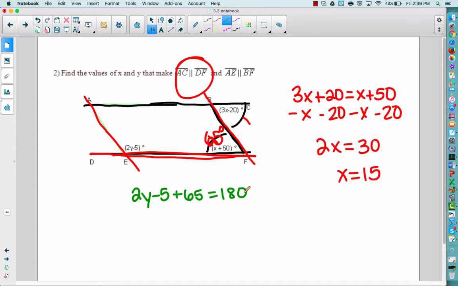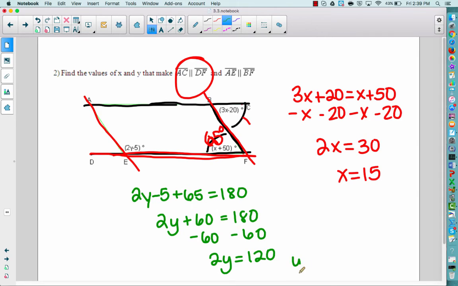If I can prove same side interior angles are supplementary, then the lines would be parallel. I'm going to combine like terms to get plus 60, subtract 60 from both sides, and I get 2y equals 120, and y equals 60 degrees. So if y is 60, then AE would be parallel to BF.